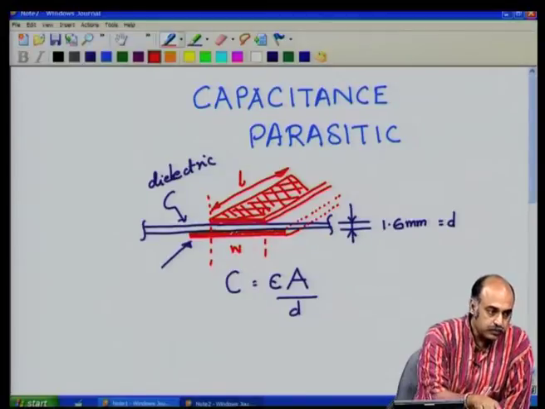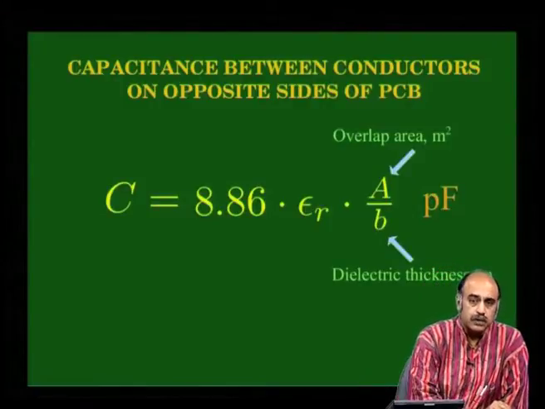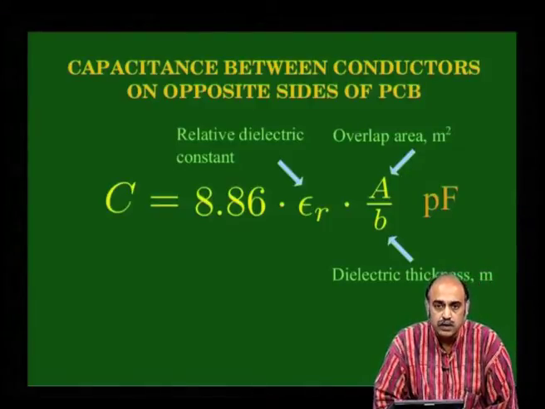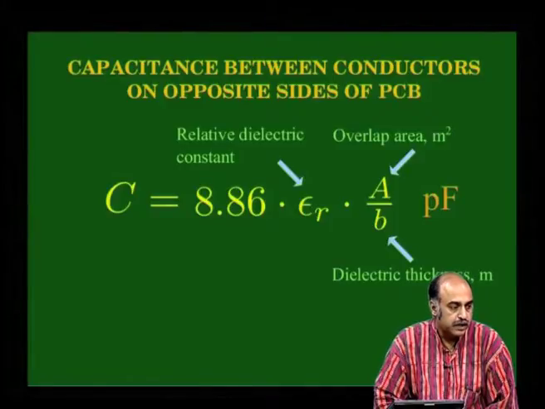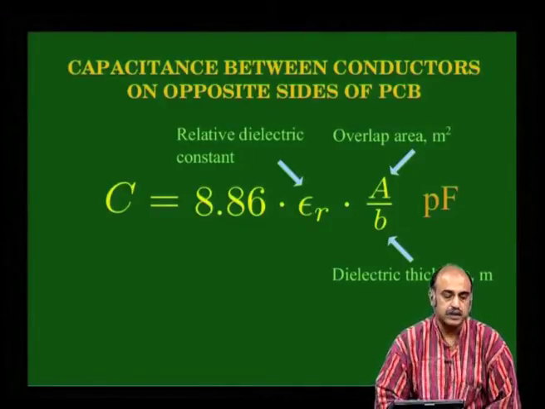Now, coming back to our slide, you see that there is one more variable there, epsilon r, which is called the relative dielectric constant.